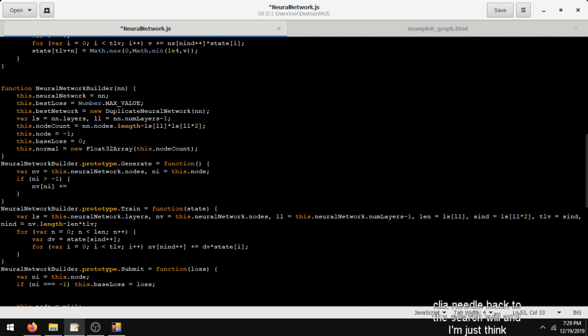I'm just thinking, is there a way that you could do this to get out of the false minimum? Like, what if I added some random jitter or something?